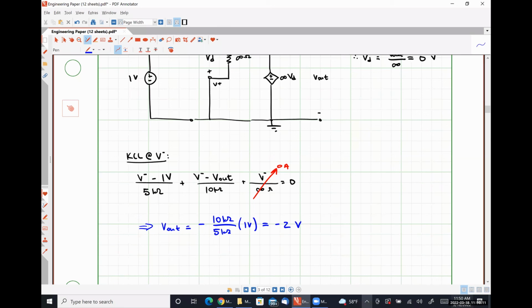Where we can explicitly see here that our closed loop gain is purely a function of the resistor network that we've applied to our circuit.